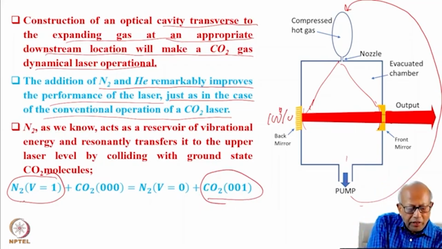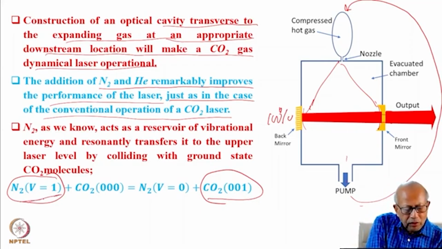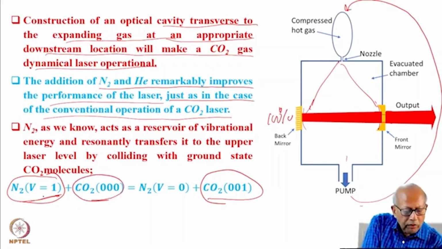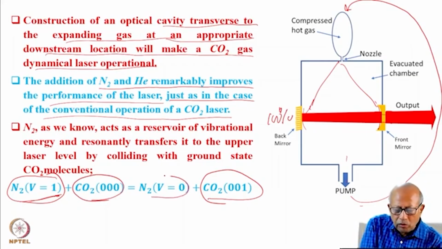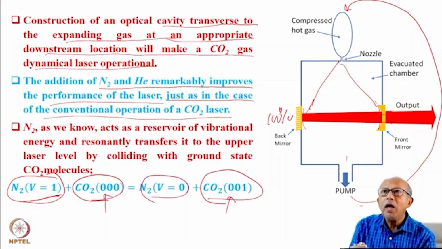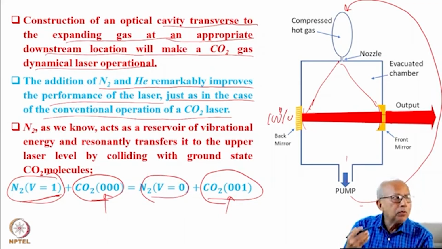Therefore, if a nitrogen at the first vibrational excited level collides with a ground state CO2 molecule, the nitrogen will come down to its ground state and the carbon dioxide will go up to the first asymmetric excited mode. This will further increase the population inversion.